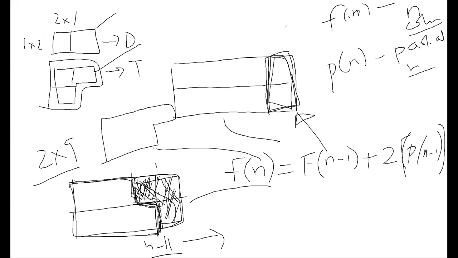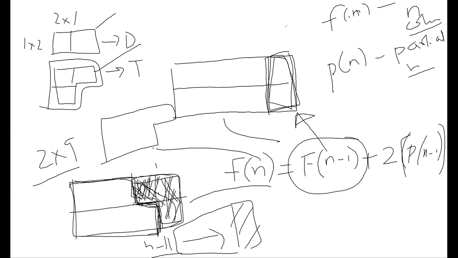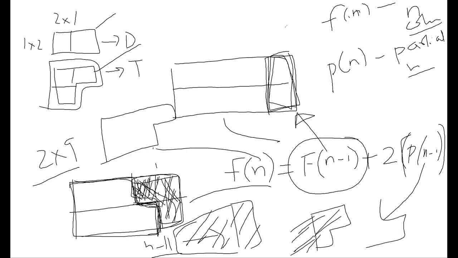So if we remove the domino, where we remove the last part here, whatever was there, and calculate this part recursively. And here we took two cases, this one and the other was this one.